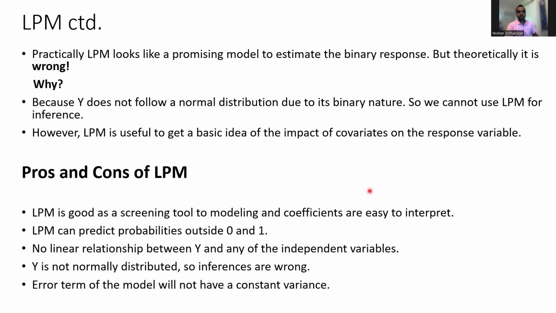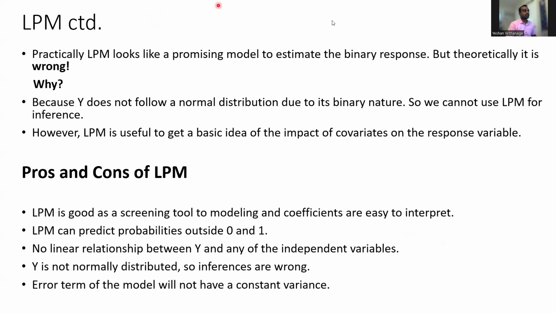So now we will see how we can use this idea of the linear probability model to estimate the probability by doing a transformation. If we can restrict this P in between 0 and 1, then we might be able to use this model.